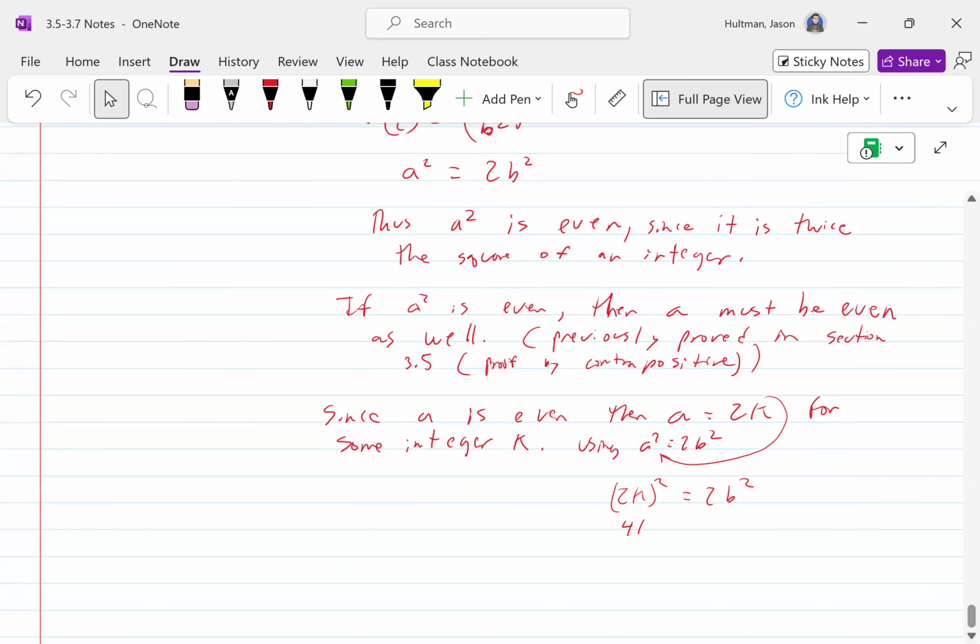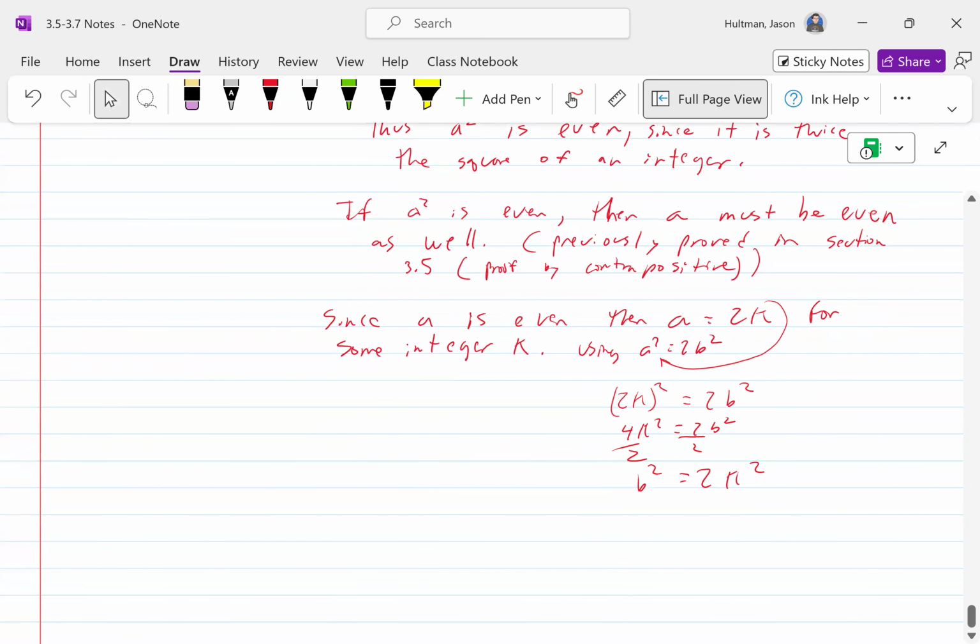This is 4k squared equals 2b squared. Dividing by 2, we get b squared equals 2k squared. So therefore, b squared must also be even. So if a is even, then a squared is even, and then b squared must be even. Therefore, b must also be even.